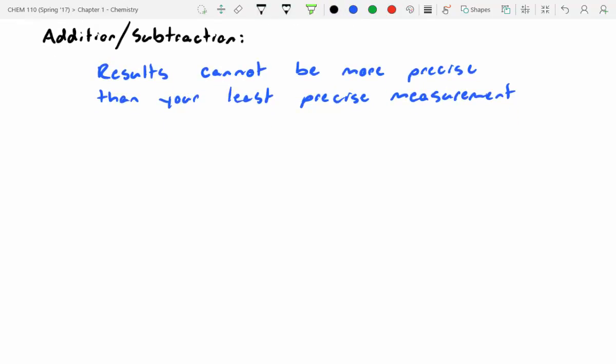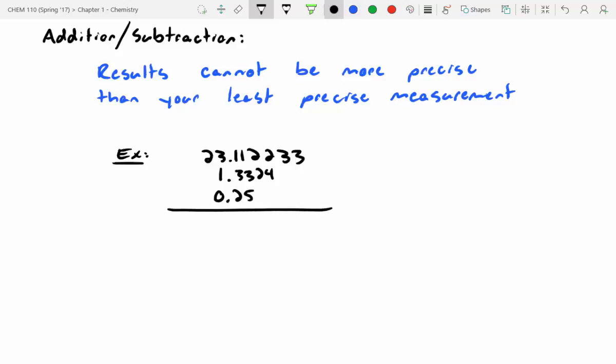So let's take an example. Let's say we have 23.112233 added to 1.3324 added to 0.25. I'm going to go old school addition and stack them, right?